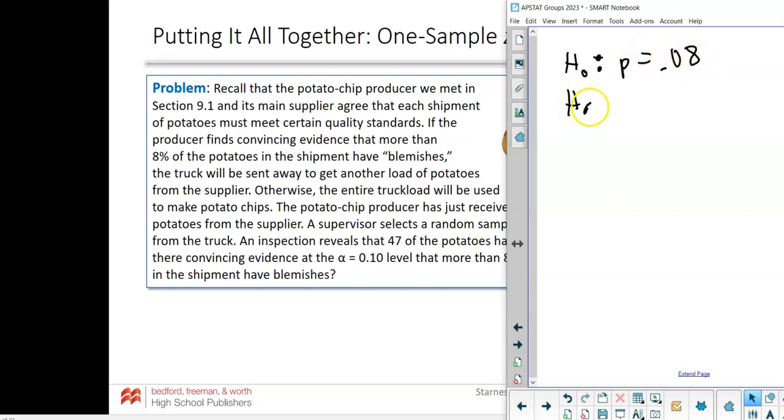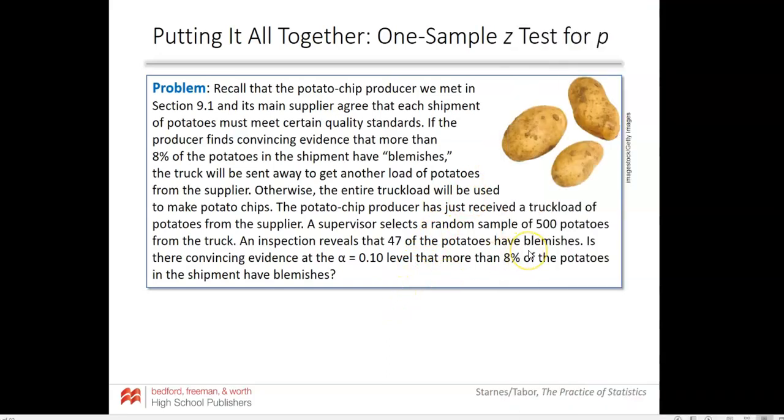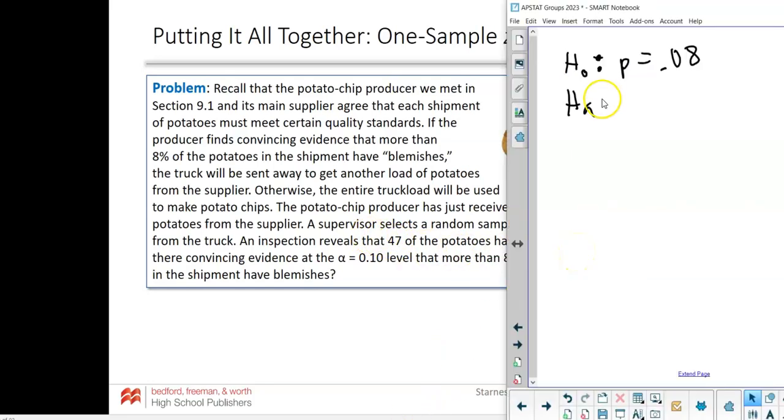The alternate, because it says potatoes have blemishes, more than 8%, would be that p is greater than 0.08.